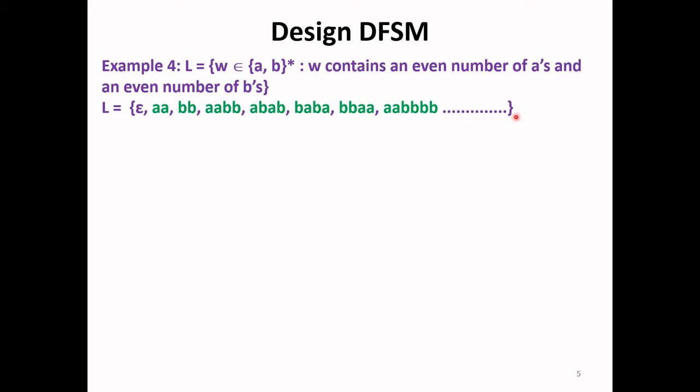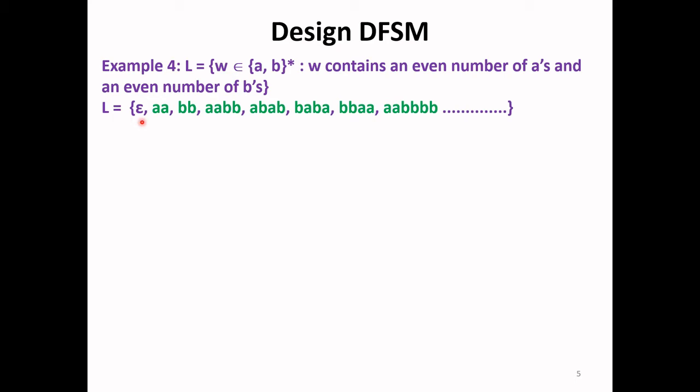In the previous lecture, we have discussed how to design a DFSM for even number of A's or for odd number of A's and so on. So using those, we will go for designing the DFSM for this particular language. So let us start with the first string.